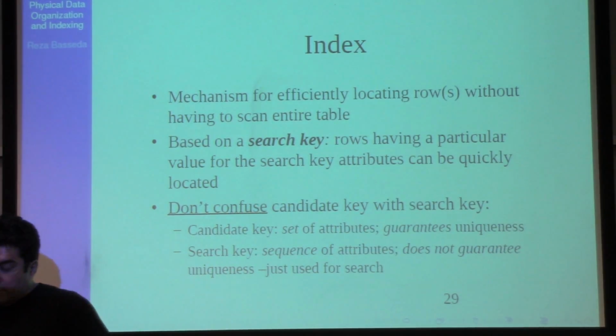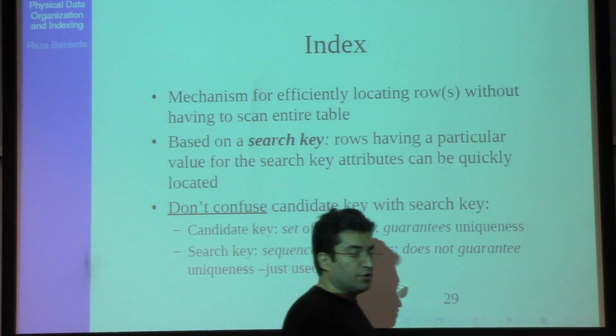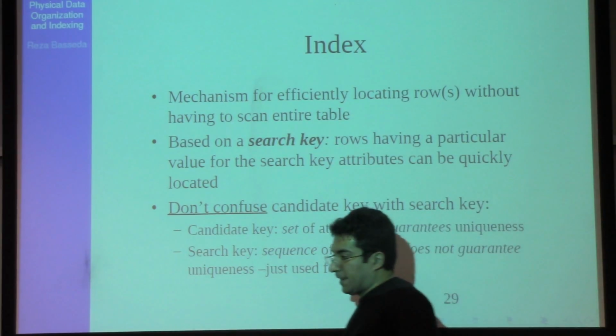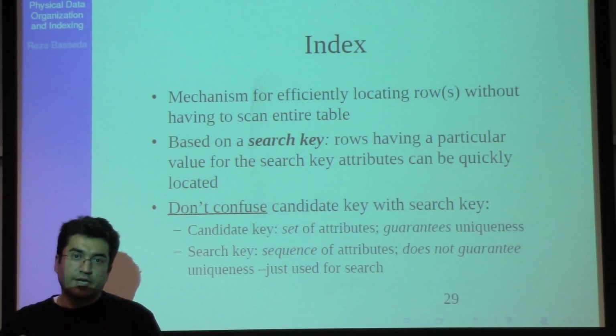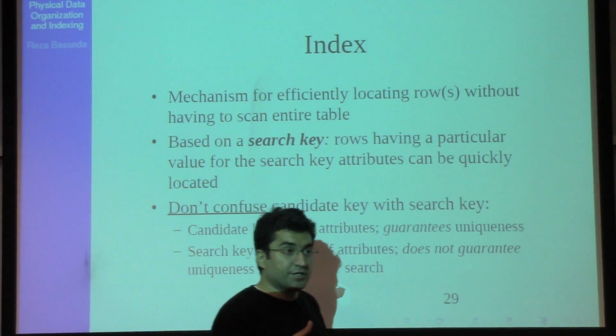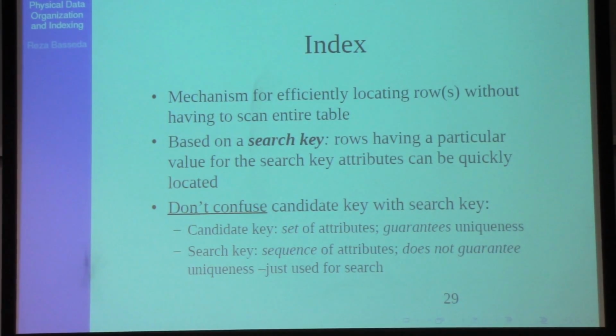So the indexes we are working with are based on a search key, okay? Do not confuse it: a search key is different from the primary key. For example, in the student table we had in the registration system, the student ID was the primary key.